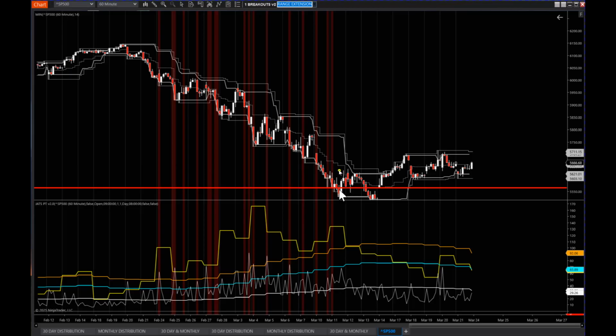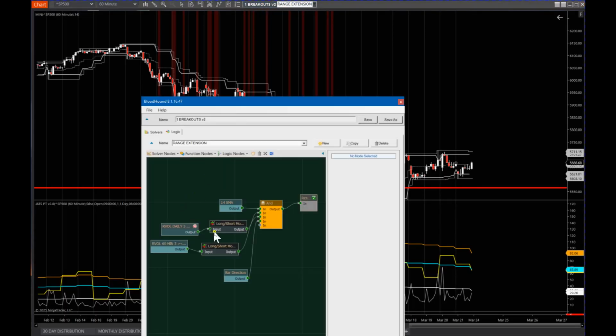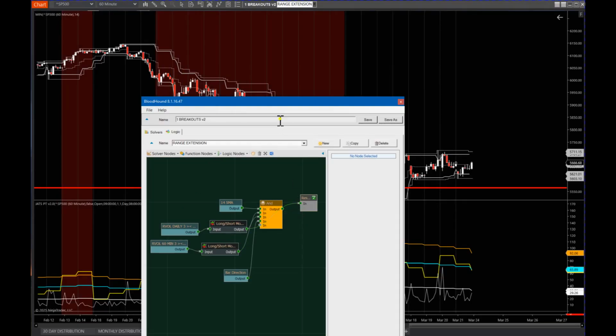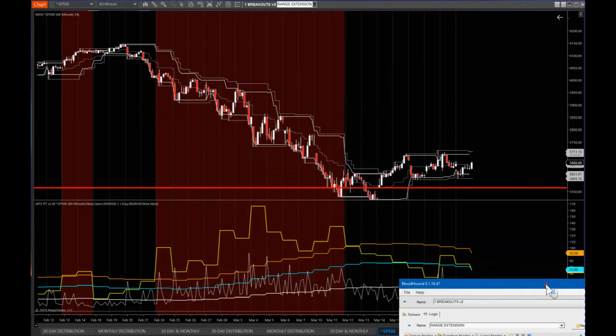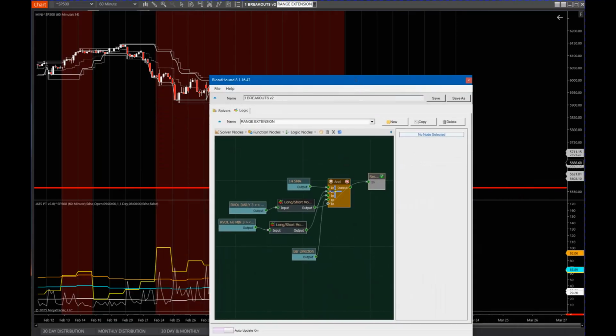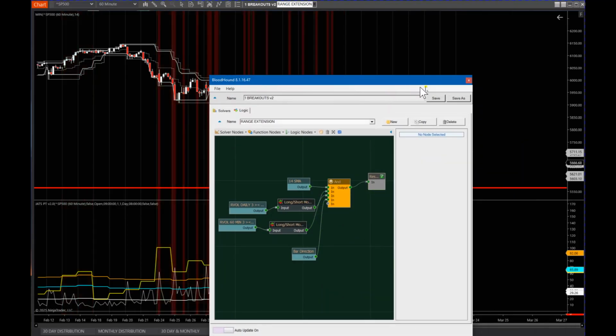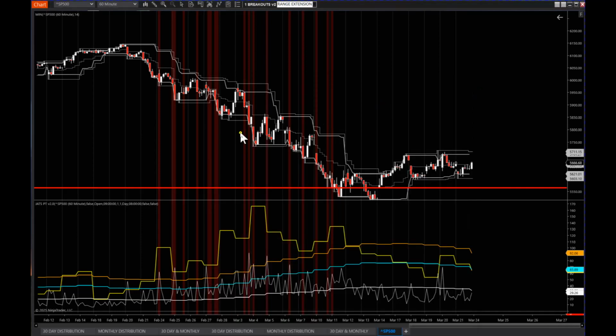Okay. If I put just the Bloodhound logic template on it by itself, you'll see that same condition. It's right there. That's the condition. And then you can put your other momentum or trend direction on top of it.